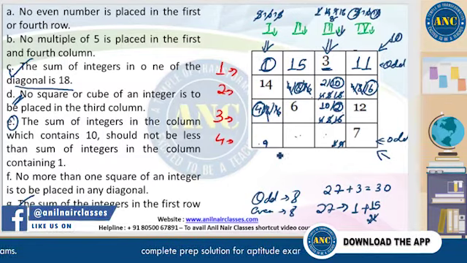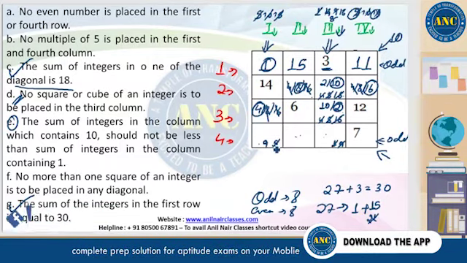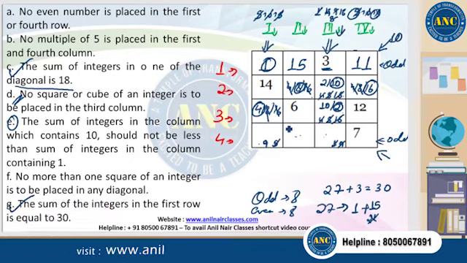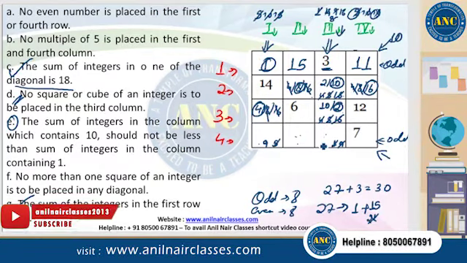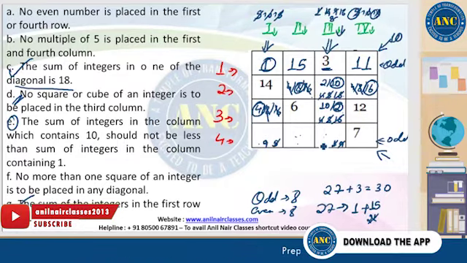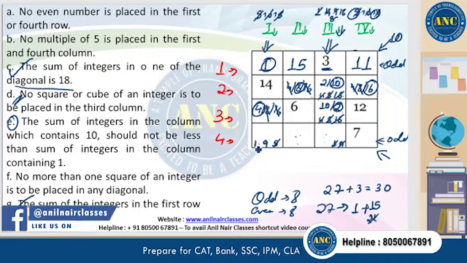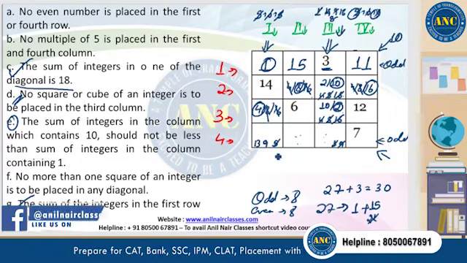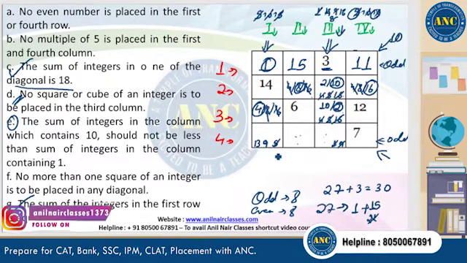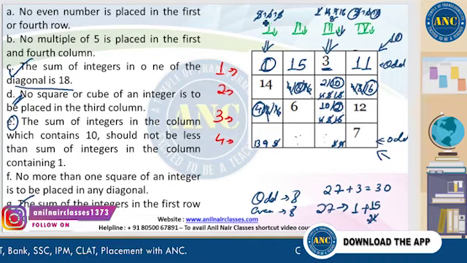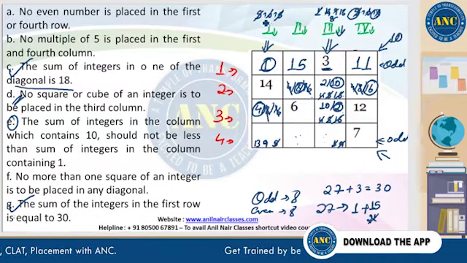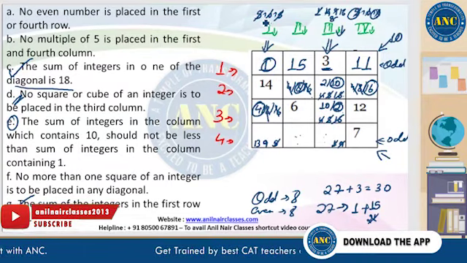It cannot be a 5 for sure. We know 5 is not allowed. So we have three numbers left: 5, 9 and 13. 5 is out because multiples of 5, like 5, 10 and 15, are not there in the first column.